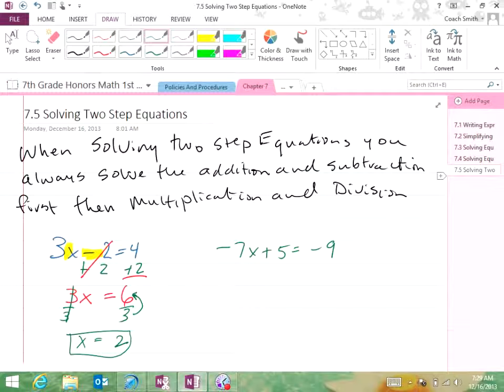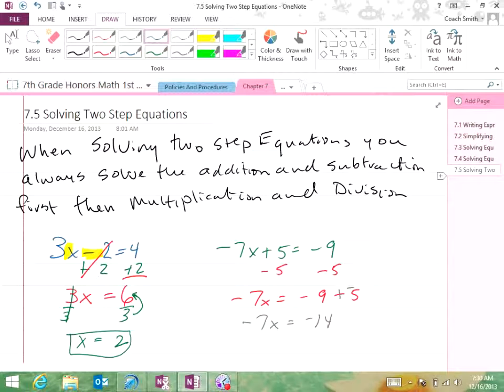So on this one, we have to subtract 5 from both sides, and that gives me negative 7x is equal to negative 9 minus 5. Well, that is plus a negative 5. So that gives me negative 7x is equal to negative 14.